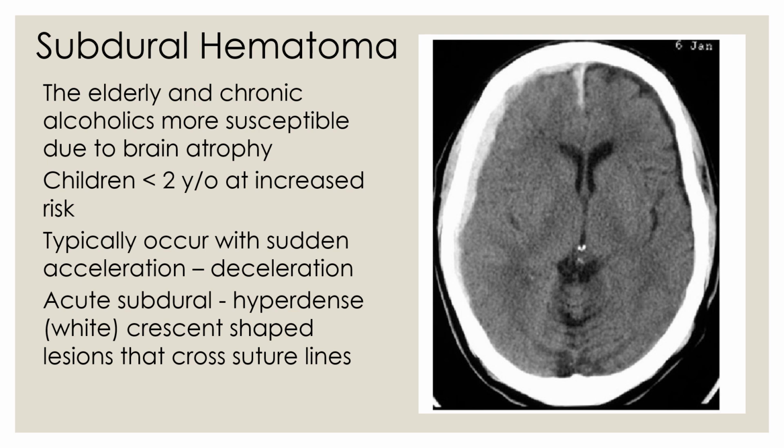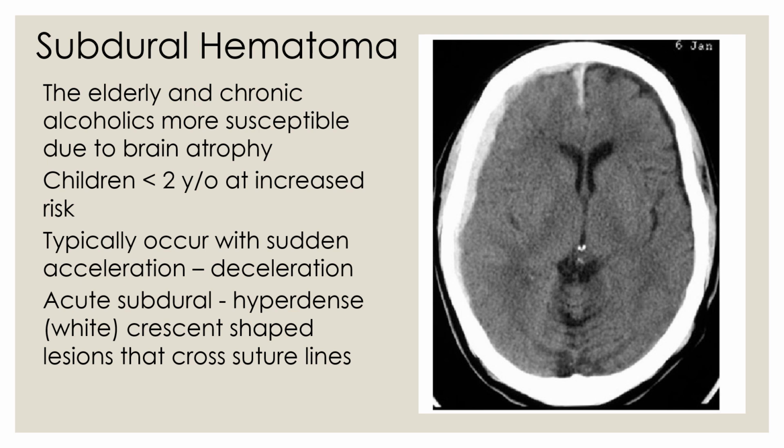The reason these bleeds can be subacute or chronic is that the bleeding is slower because it's venous bleeding, as opposed to the arterial bleeding of epidural hematomas, which grow faster. You may or may not see subacute subdurals on imaging.